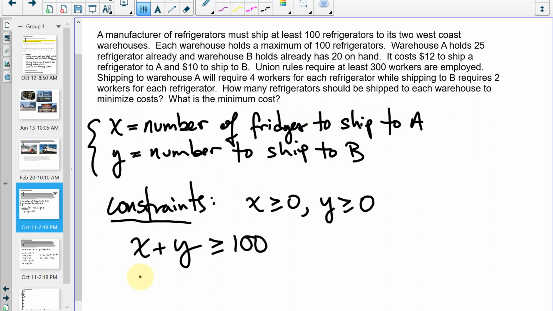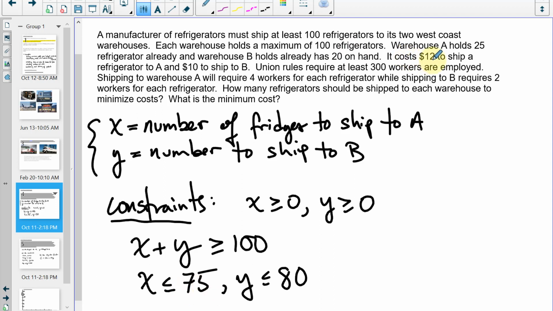If X is the number going to A, and it's got 25 already and can hold 100 maximum, I can see that X is constrained to be less than or equal to 75. And Y is going to be constrained to be less than or equal to 80, because B has 20 already and can only hold 100 maximum. So there are two additional constraints.